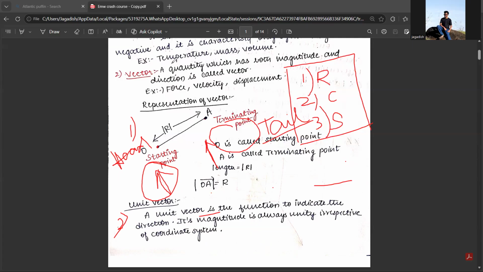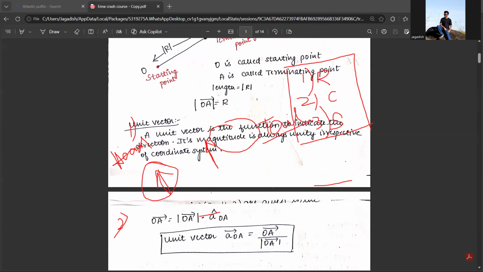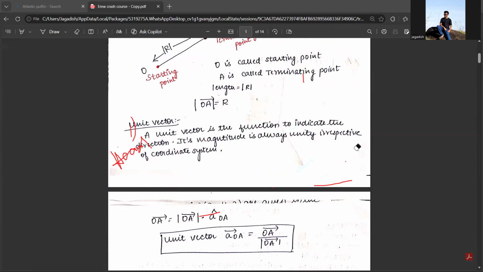Everywhere we will be using the formulas related to rectangular, cylindrical and spherical. Okay. So the unit vector is usually denoted by the vector OA divided by the magnitude of OA. So this is your formula for the unit vector, that is a_OA equals OA divided by its magnitude, where this represents the magnitude.